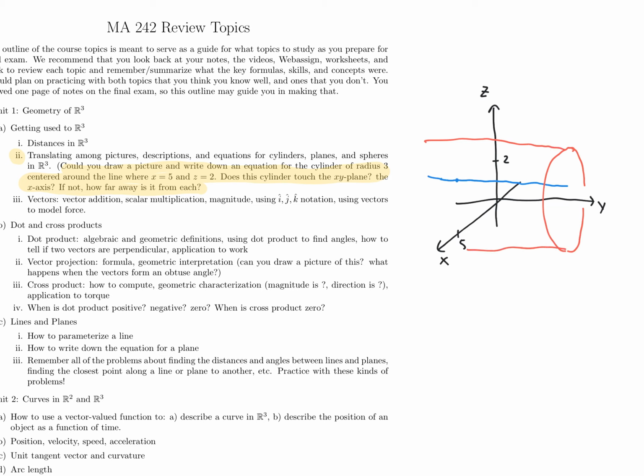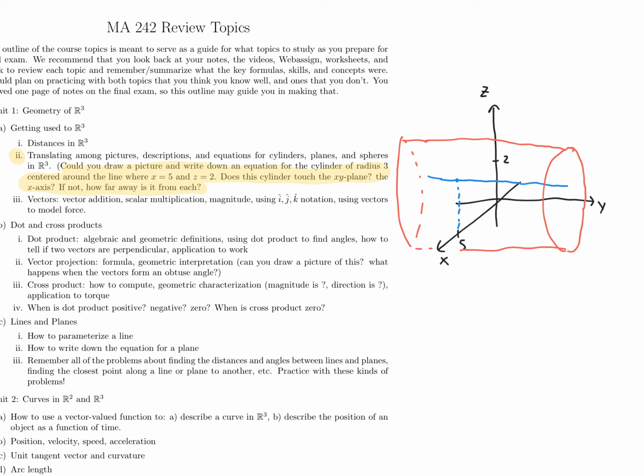The questions here are easier to answer the more careful I am about what my cylinder actually looks like, although I didn't do a great job of actually centering it on the line. I wanted to make it look like it had radius 3. So the first question was, does it touch the xy plane? You can see I tried to draw it so that it does seem to dip below the xy plane, and the reason that I knew it would is that I know this line is 2 units above the xy plane.